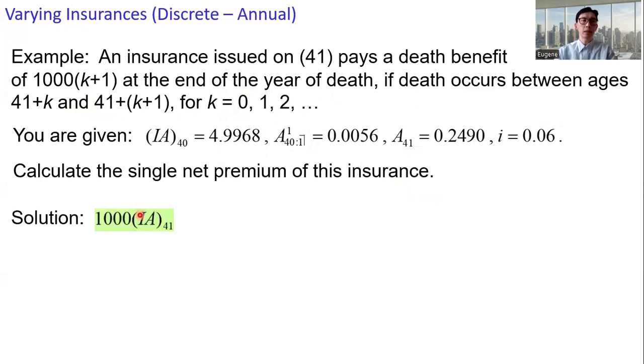We need to get this expression 1,000 times IA41. That is, we need to get the quantity of IA41. And we are given IA40, and then a 1-year term insurance on 40, and then A41. That is, we'll use the recursive formula.